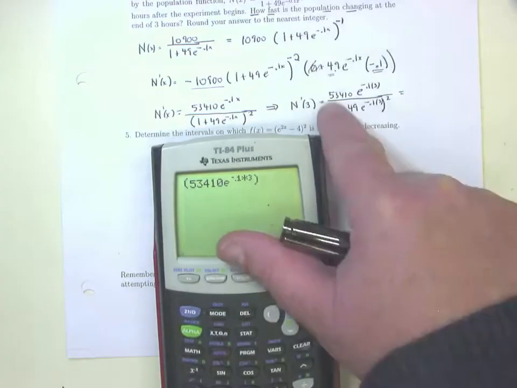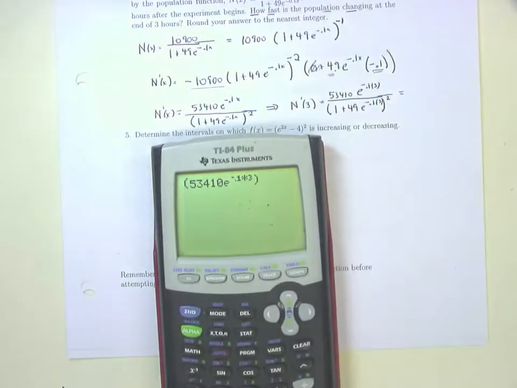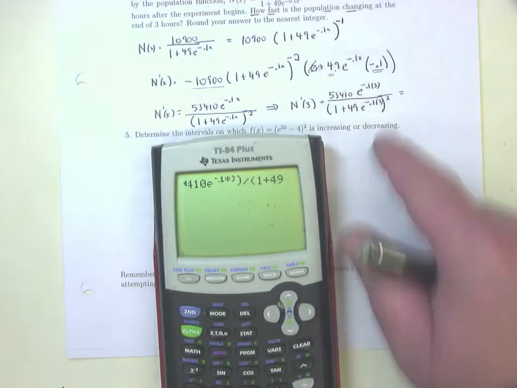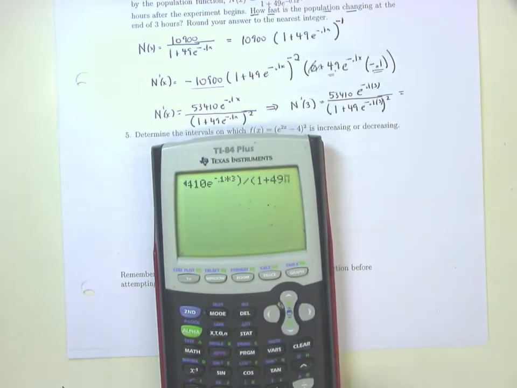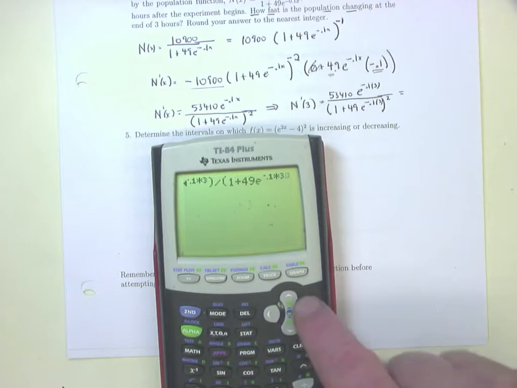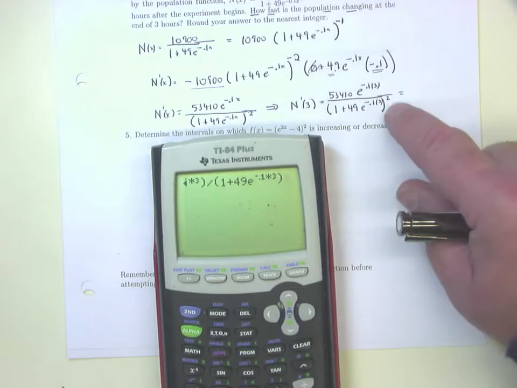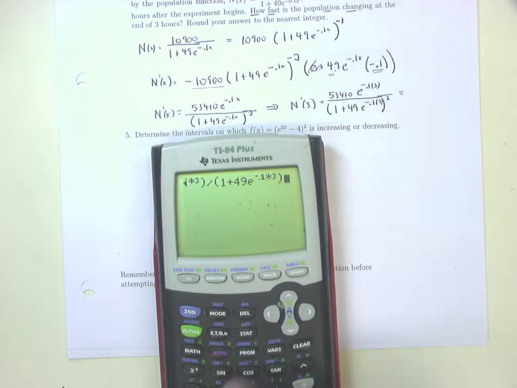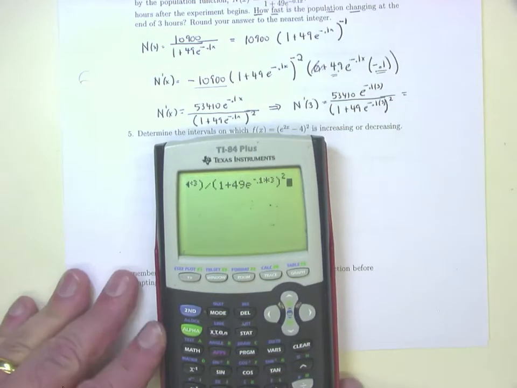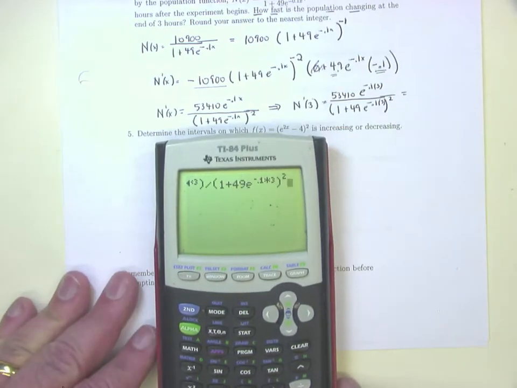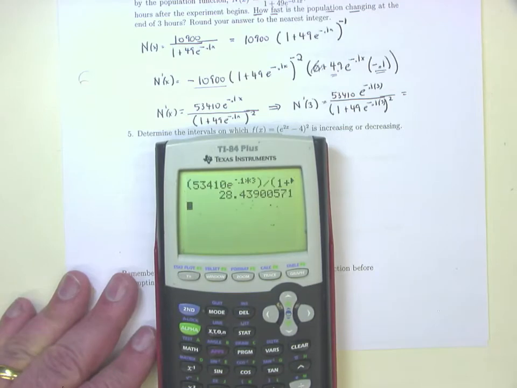That's my numerator, and I have to put parentheses around it, divided by parentheses around your denominator: 1 plus 49 e raised to that -0.1 times 3. Then close parentheses, and that denominator is being squared. Does that make sense? And when I get this, what do I get?